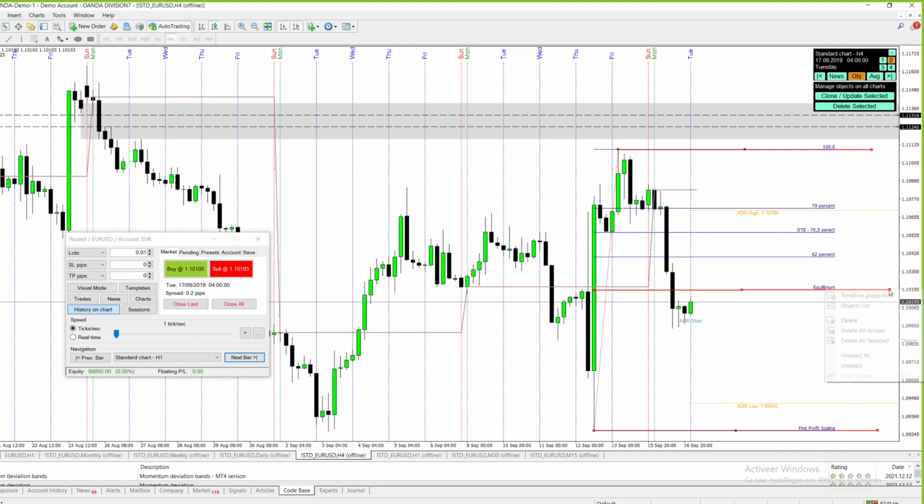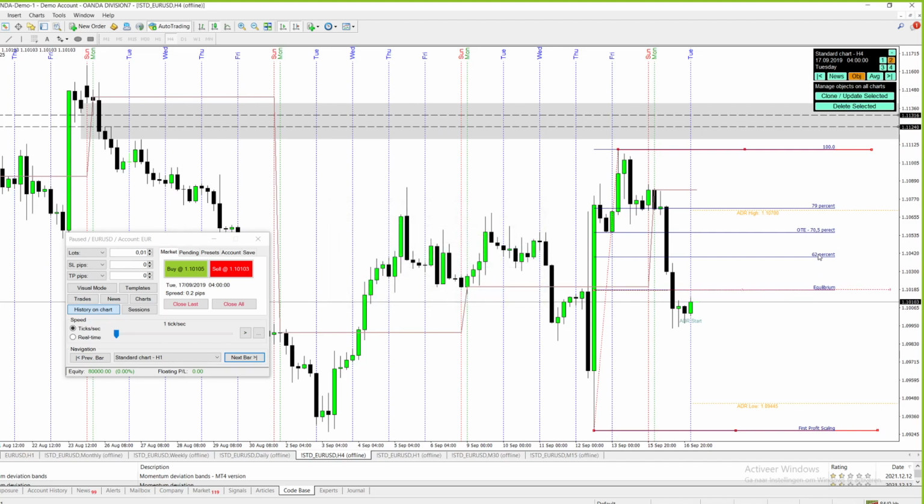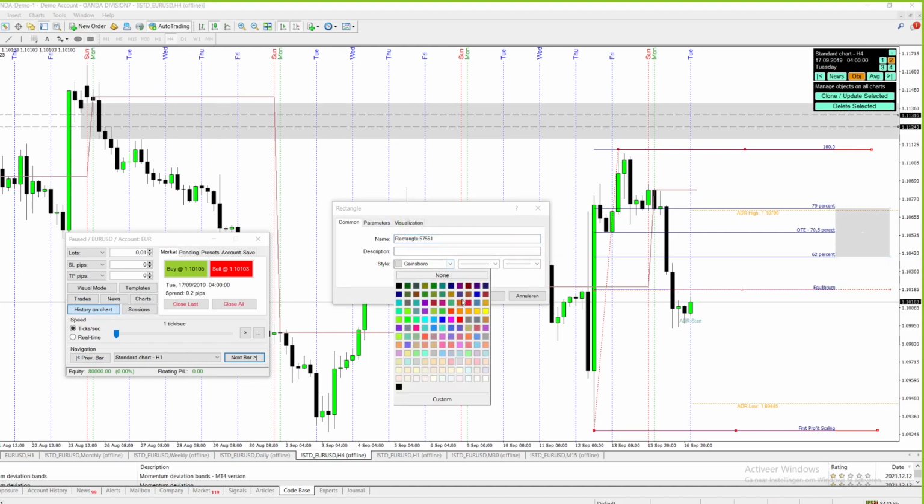Like that, and I'll make this one a little bit thinner, and then dots like that. So I'll put in also the OTE area that's over here. Let's make that one orange.